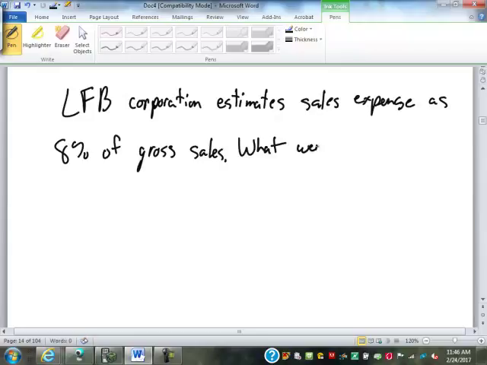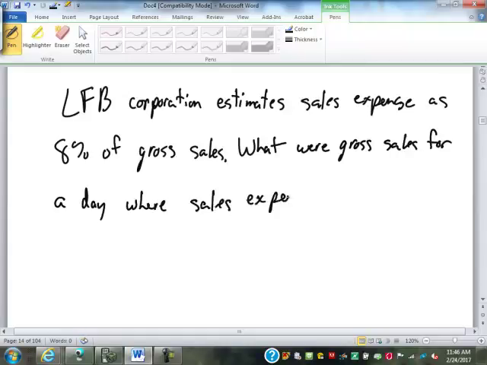What were gross sales for a day where sales expense is estimated at $12,000.